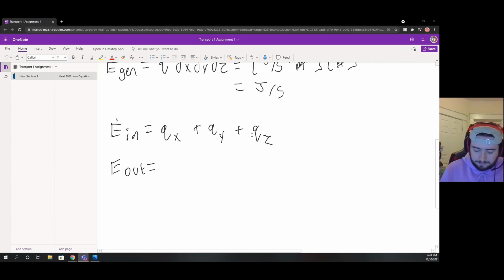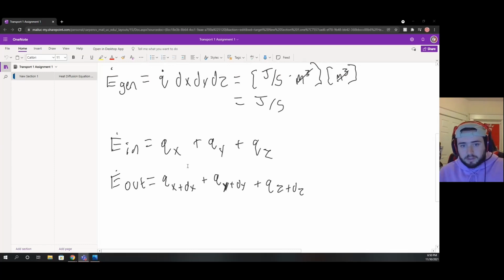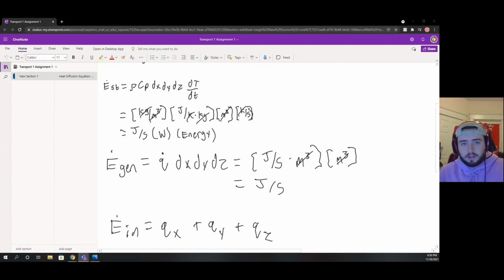Now for the energy flowing out, we have the energy flow plus the distance traveled. In the x direction, it'll be the heat flow of x plus the distance it traveled. Same for y, same for z.